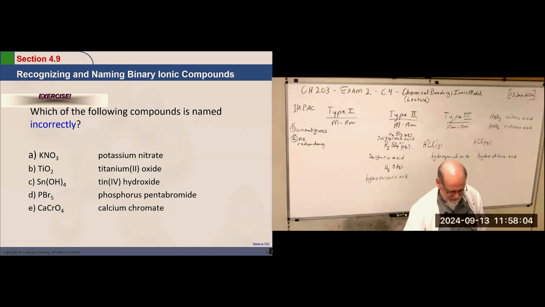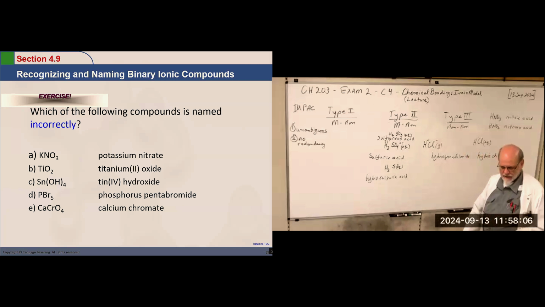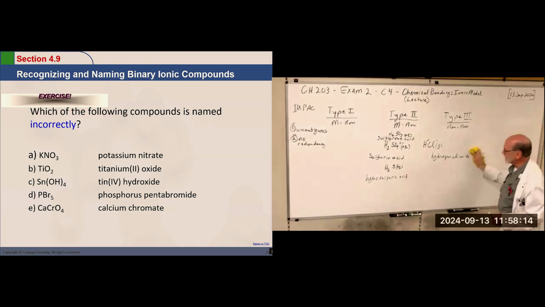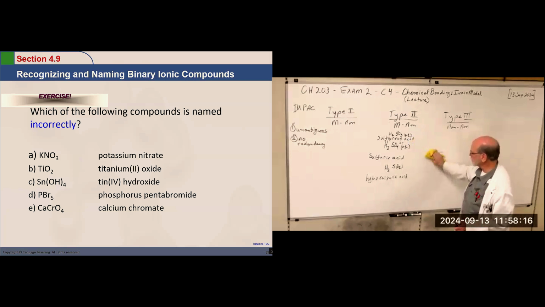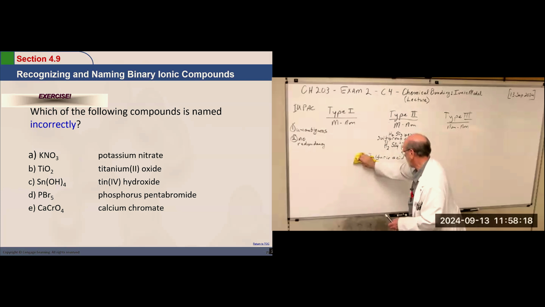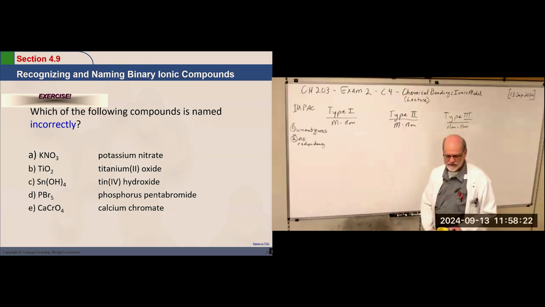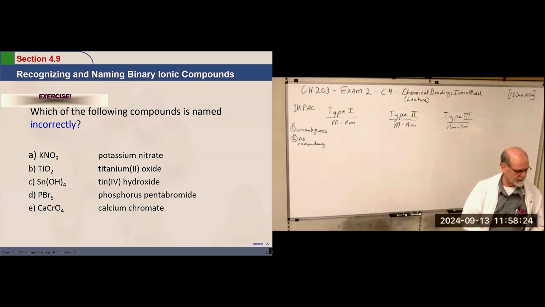Let's see. Before we get to that one, let's go back to the polyatomics for just a second. I know that list looks huge and scary, but some of those polyatomics have patterns to them. And one example is the chlorine oxygen group.